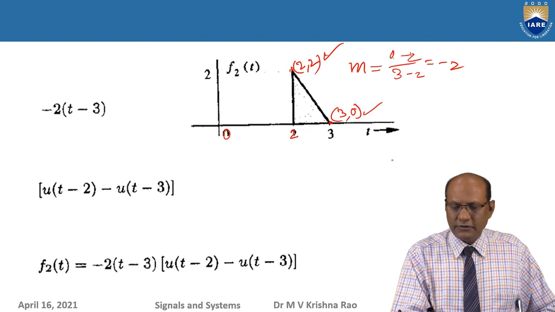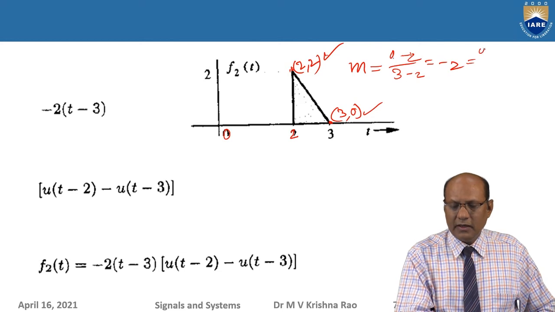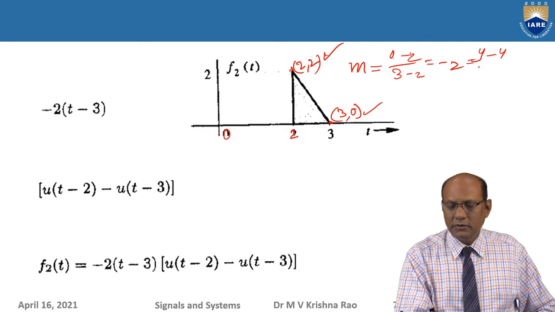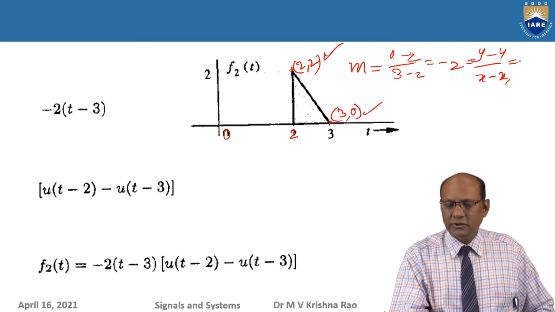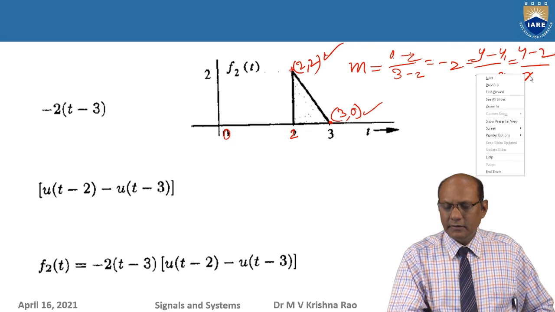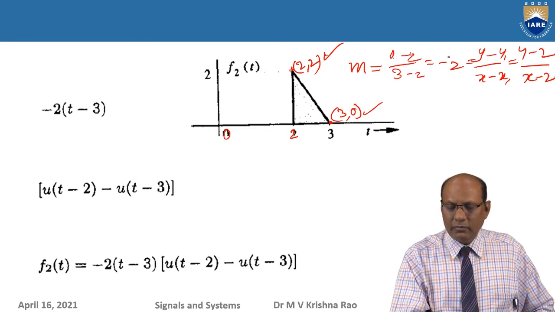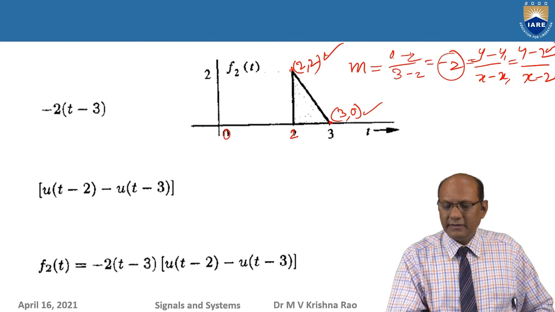So in normal notation, I am writing y minus y1 by x minus x1. What is y1 here? y minus 2 divided by x minus 2. So I have minus 2 here as the slope, and on the right hand side I have this expression.